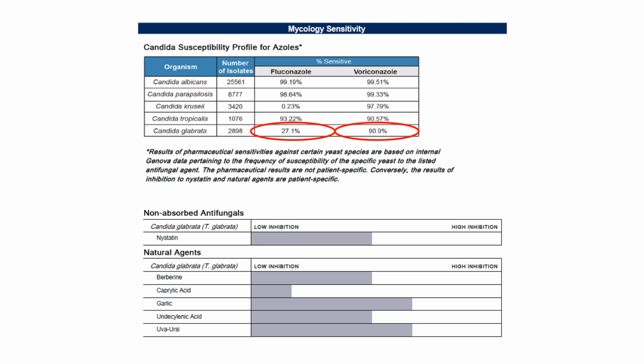The results of inhibition to nystatin and natural agents at the bottom of the page are patient-specific. We see that there is a good degree of inhibition with all of these agents, making them good therapeutic candidates, except caprylic acid has lower inhibition as compared to the other agents.